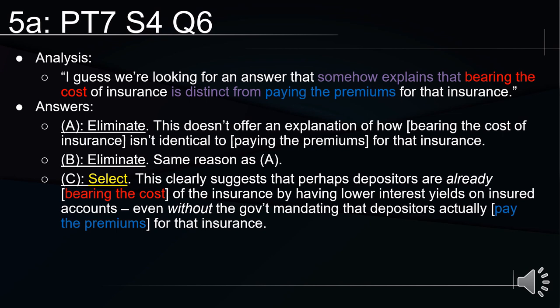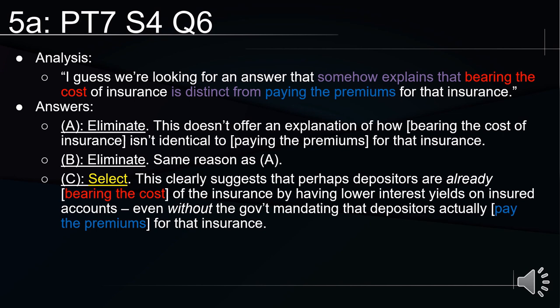C is saying that banks aren't already finding some way to charge depositors or take money from depositors, and that taking money practice corresponds to, we'll take more money from you, Mr. Depositor, if you want this fancy account with this fancy insurance on it. So that's what C is saying.